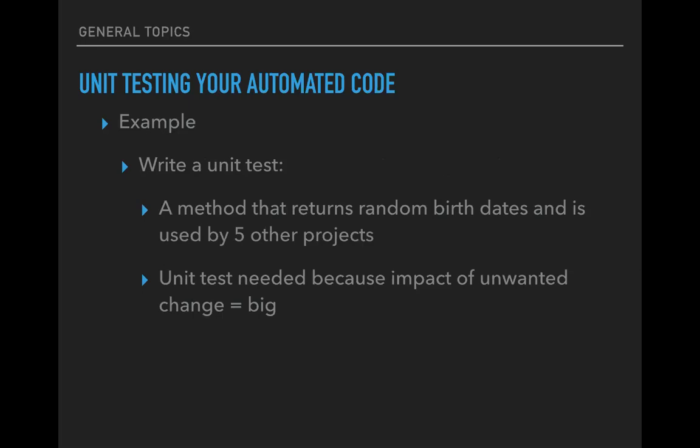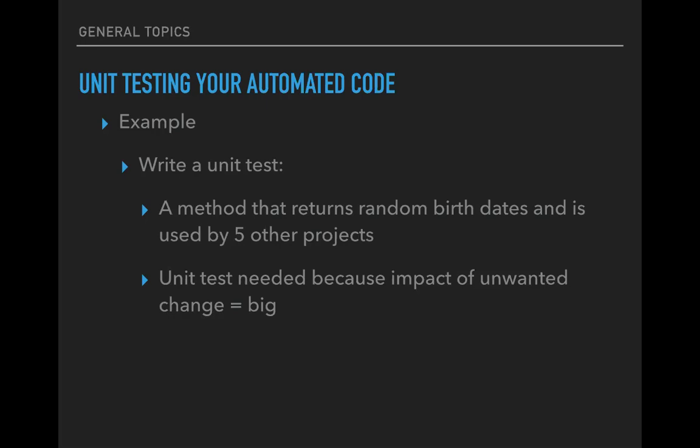I'll give you guys an example first. So when should you write a unit test, in my opinion? For example, if you have functionality that is shared between all common projects, to generate a random birth date, a random phone number, random names, those need to have a particular structure. For example, a date must be day/month/year.